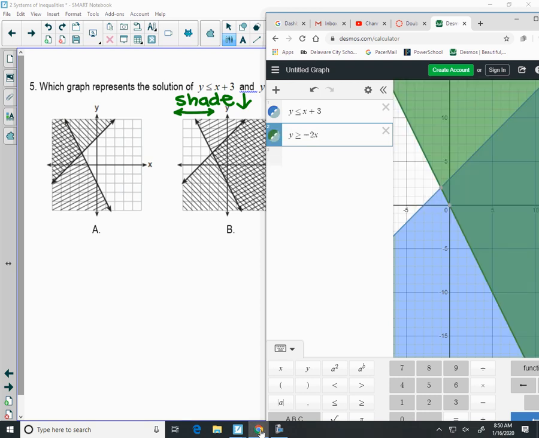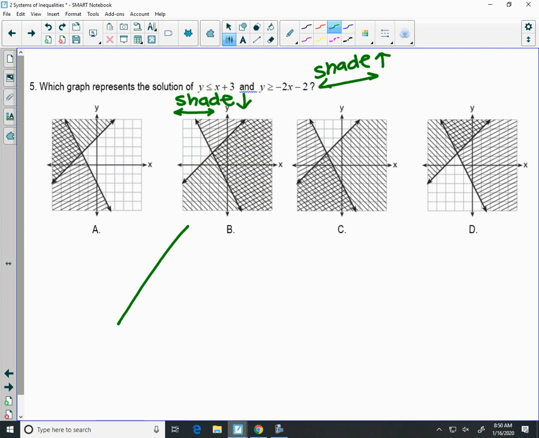Is it plus 2 or minus 2 up there? Minus 2. So if you look here, the shading is over here, like you have your lines crossing, and the shading is over here to the right. So I want to find, and you could even sketch that, like here's your x, and there's your overlap. Which one looks like that? B.